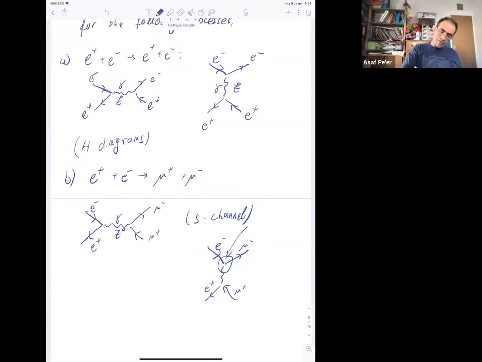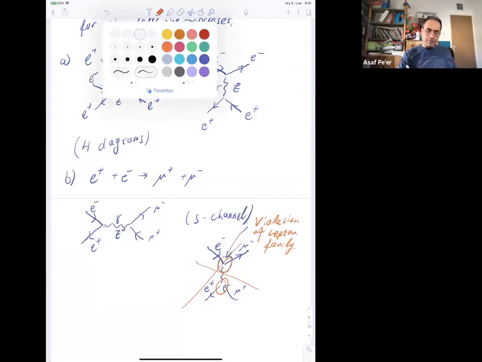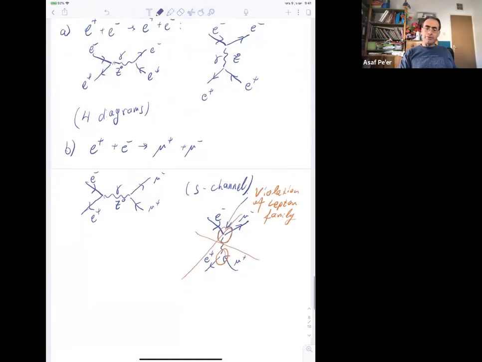So we have violation of lepton family at each vertex, both here and here. So this is not allowed. The only ones that enable flavor exchange are the W's, but then you have to be careful in how you do it.